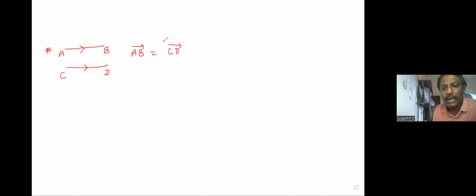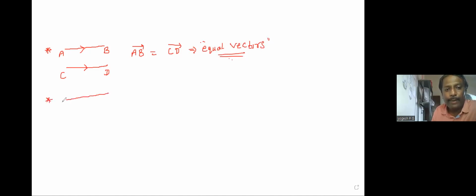If these 2 vectors AB and CD are equal, that indicates both magnitude and direction are the same. 2 vectors of equal magnitude acting in the same direction, we call them parallel vectors, or simply equal vectors. So two vectors are said to be equal if they have both magnitude and direction the same.